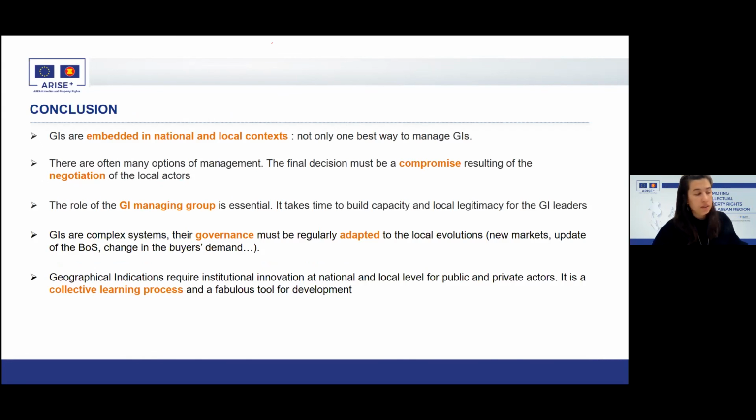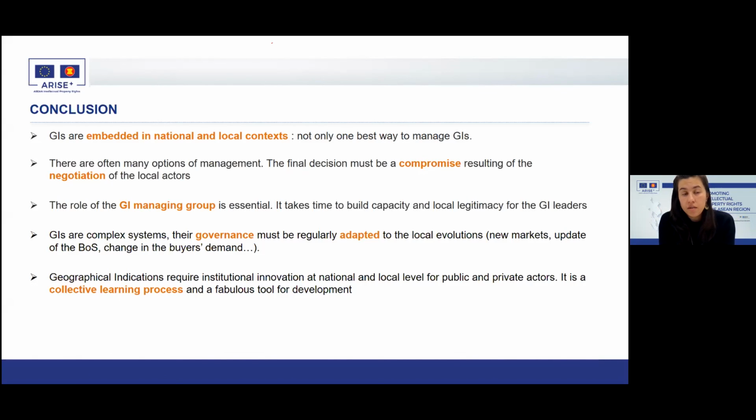To conclude this presentation, I would like to say that the GIs are embedded in national and local contexts, and there is not only one best way to manage geographical indications. So this presentation is providing indications only. Feel free to adapt that, of course, to your context.